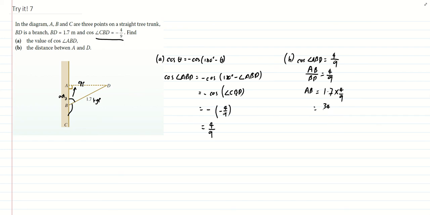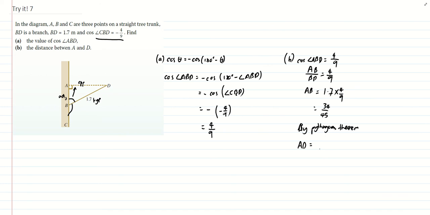Okay, and then to find AD, there are two ways you can do it. You can do it by SOH CAH TOA using the sine ratio or even the tangent ratio, or we can just do it by Pythagoras' theorem. Choose whichever route is comfortable for you. If you realize, as you go into upper sec, most of the questions that you are asked have more than just one method to find the answer.